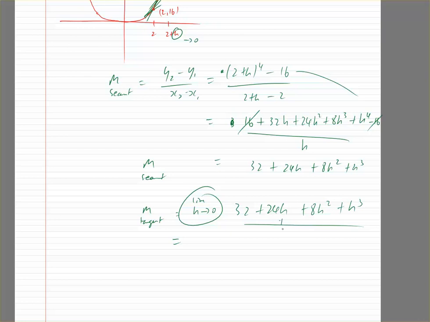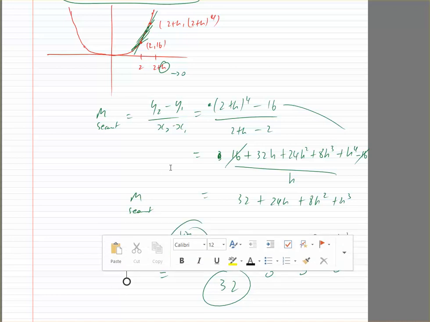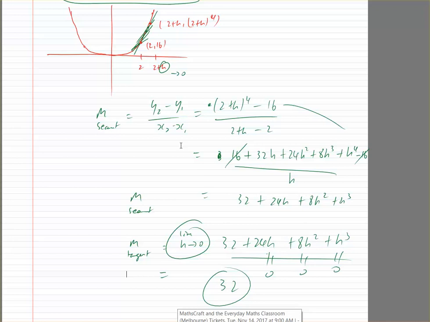That goes to 0, that goes to 0, that goes to 0. So the limit is 32. So the limit as h approaches 0 of this whole thing gives us that the gradient of the tangent is actually 32. That's our theoretical value that we'll reach once we work this out.